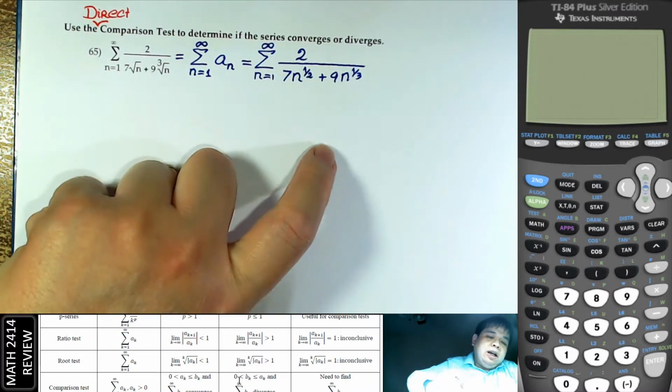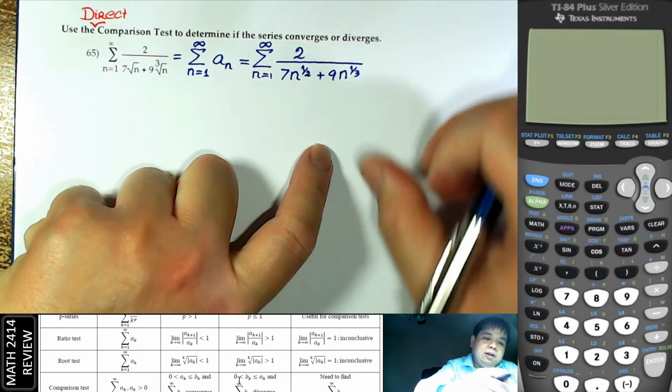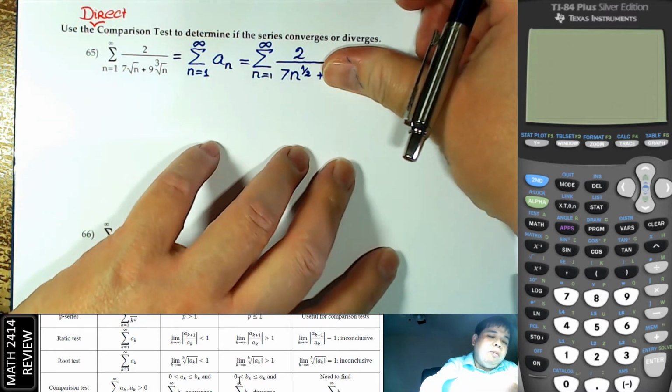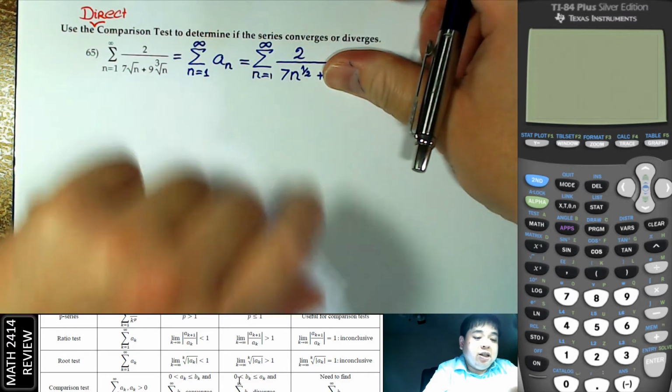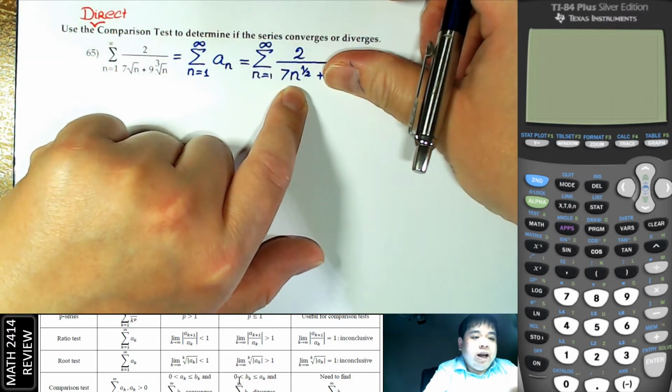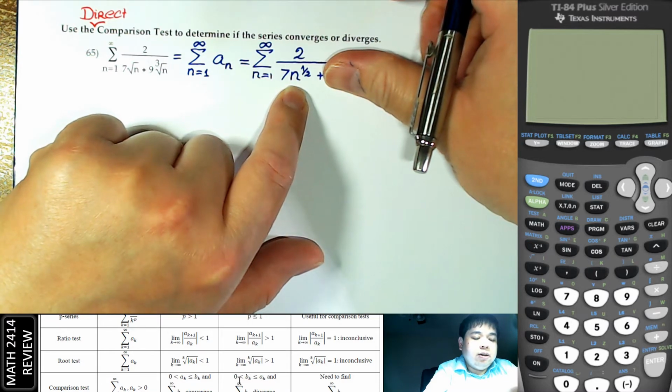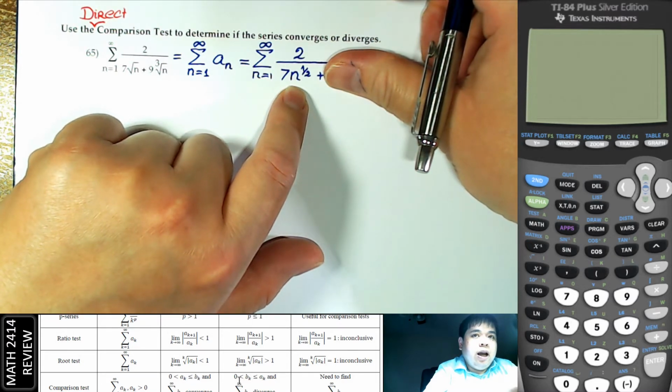Now, if we use the limit comparison test, that will be easy. We compare to 1 over n to the 1/2. And what is that?